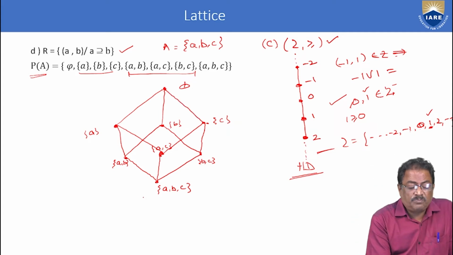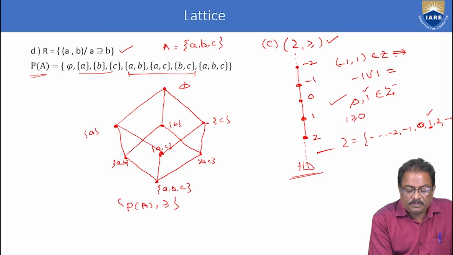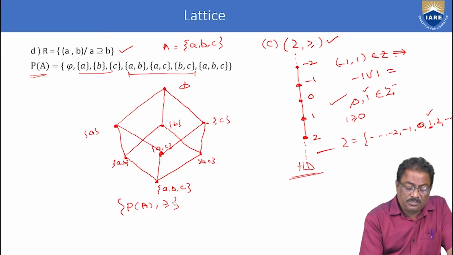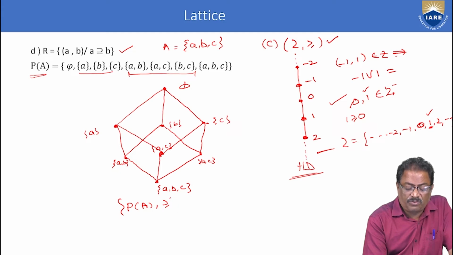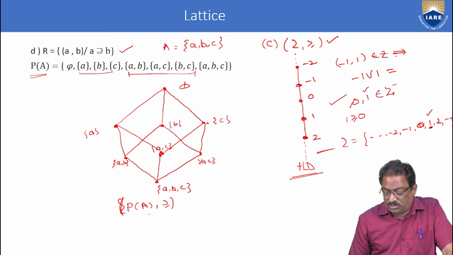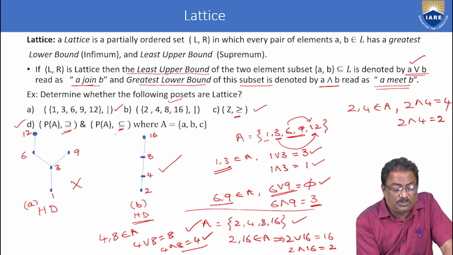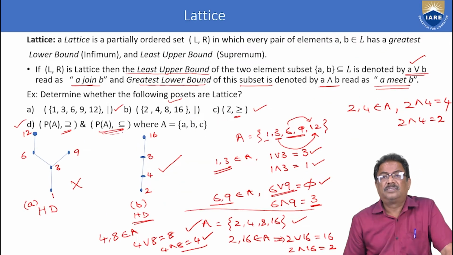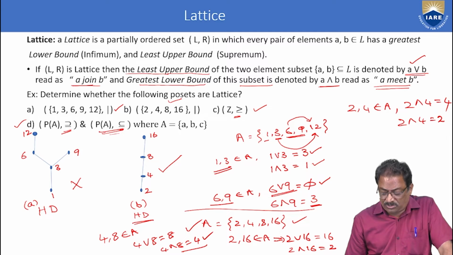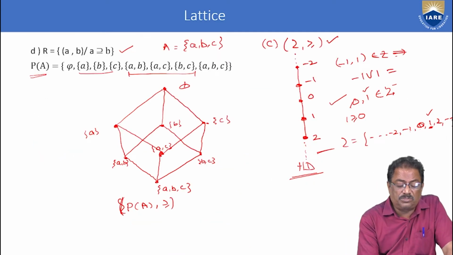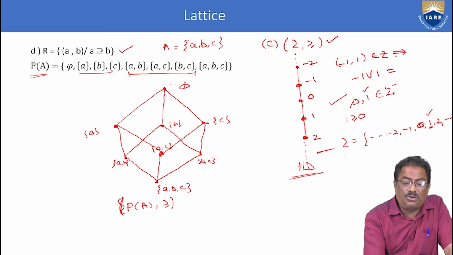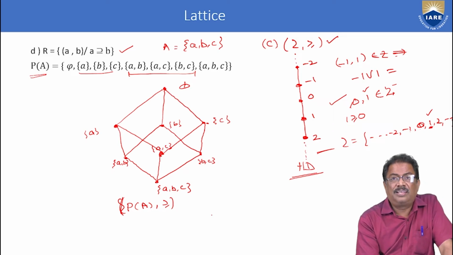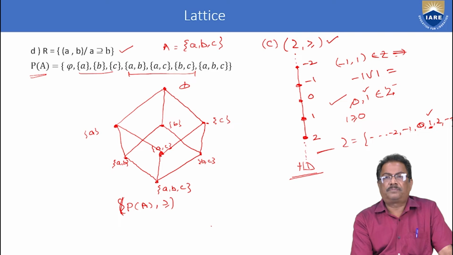So the Hasse diagram for D, which is a power set of A, with the superset relation. Now if you completely reverse this, then we get the next one, which is the subset relation. We just consider the elements in the opposite order: the null set comes to the top, ABC goes to the bottom, and we get the subset relation.